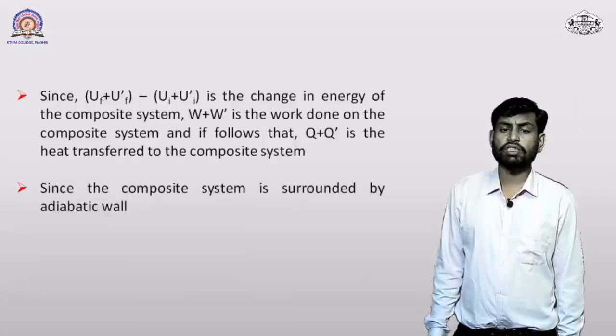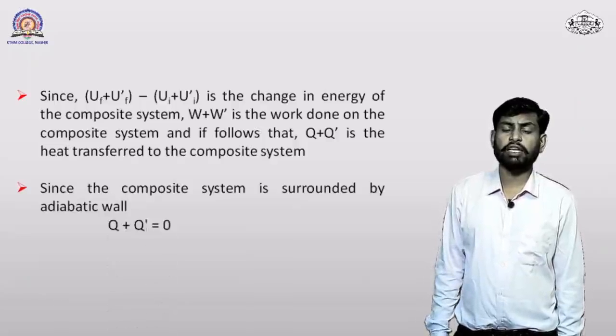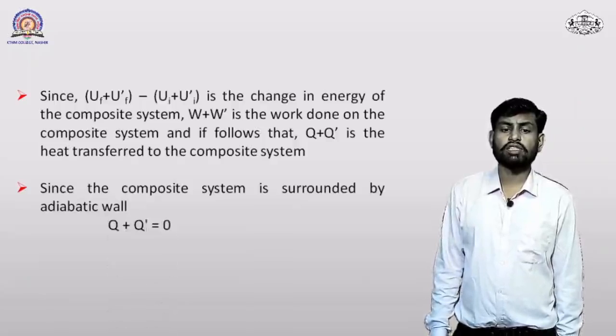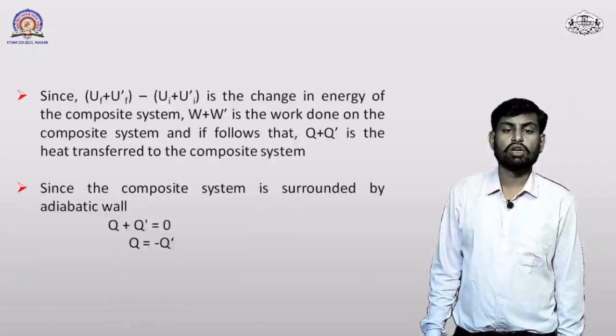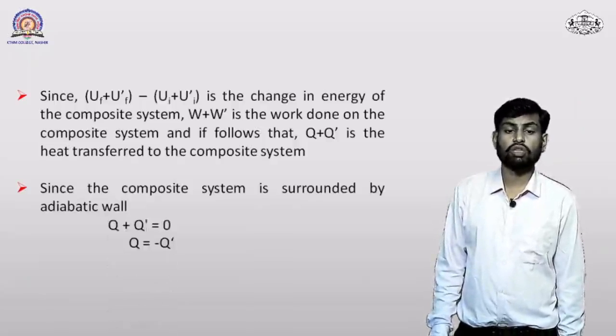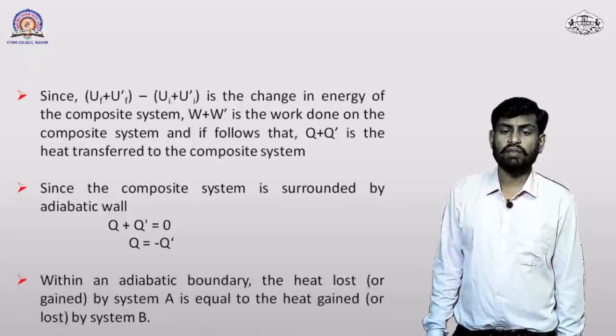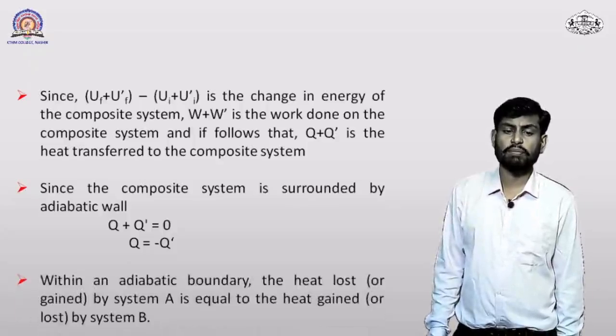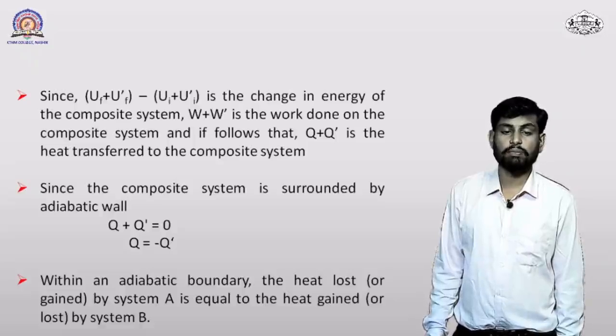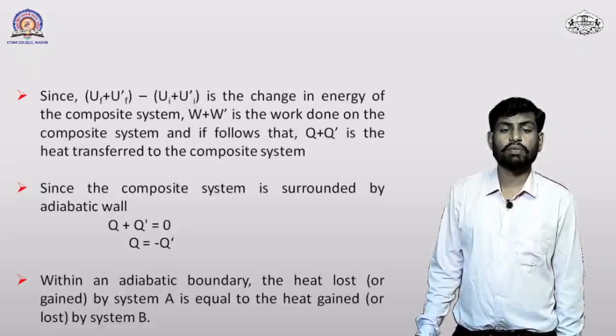Since the composite system is surrounded by adiabatic walls, Q plus Q dash is equal to 0. That is, Q is equal to minus Q dash. Within an adiabatic boundary, the heat lost or gained by system A is equal to the heat gained or lost by system B. That is the concept of heat.